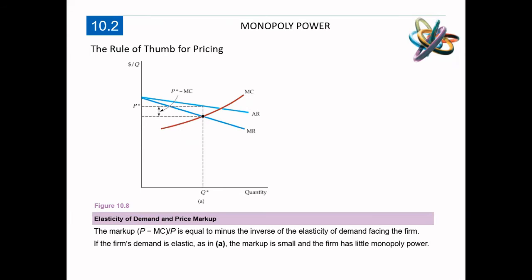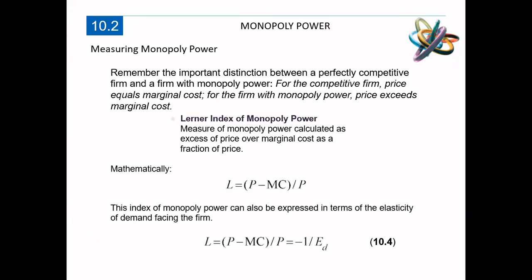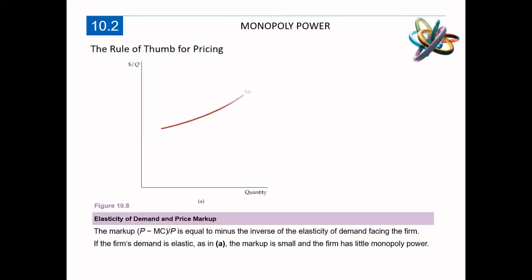Price minus marginal cost over price will give me the same formula as the markup. The concentration ratio gives me the same ratio as the markup. It means both of them are identical. They are giving me the markup, the power related to the concentration ratio.